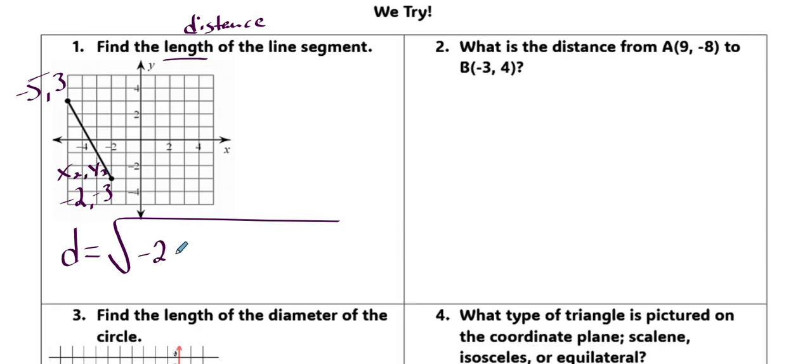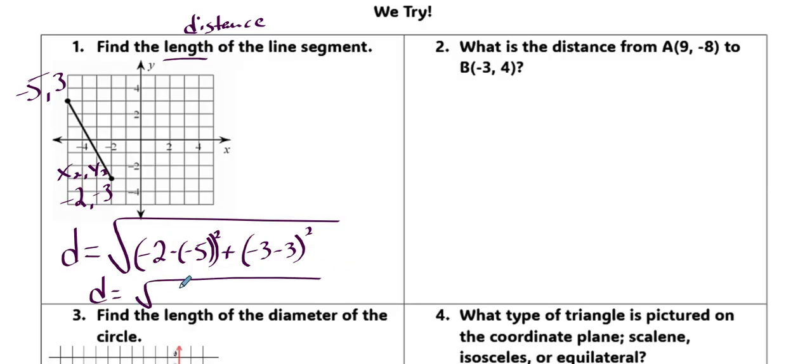So I'm going to say -2 minus -5 squared plus y2 minus y1, -3 minus 3 squared. So that equals 3 inside the parentheses here, squared, plus -6 inside the parentheses there, squared. 3 squared is 9, 6 squared is 36, so this turns into the square root of 45.